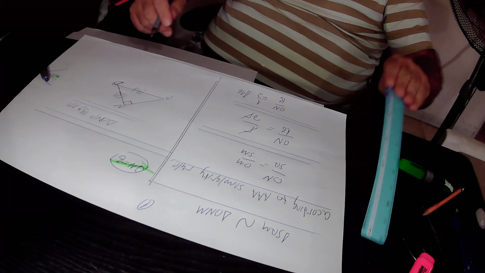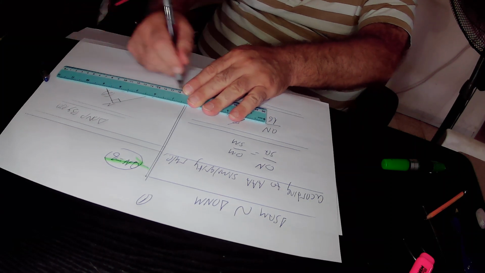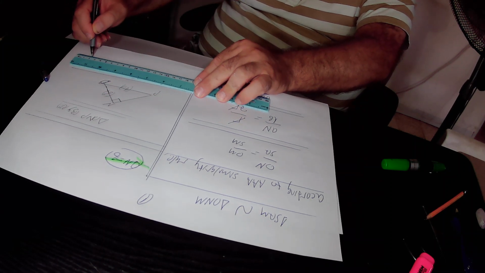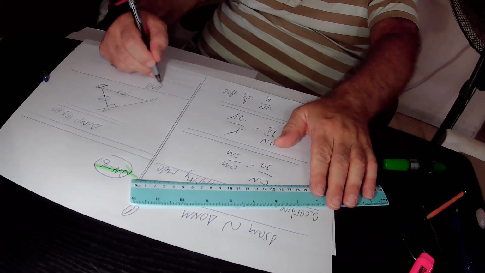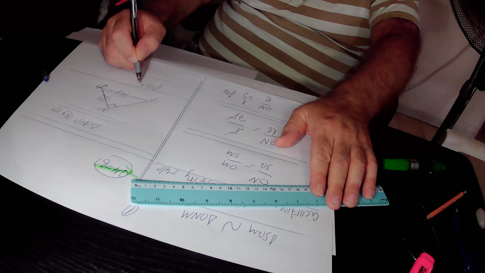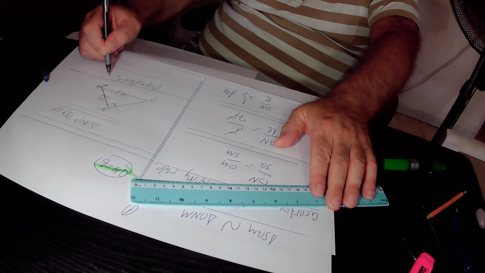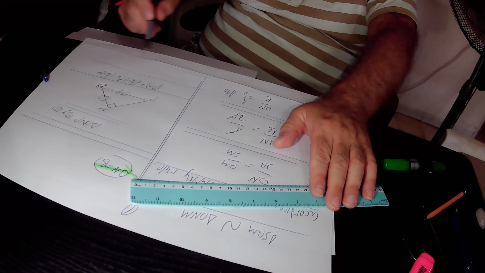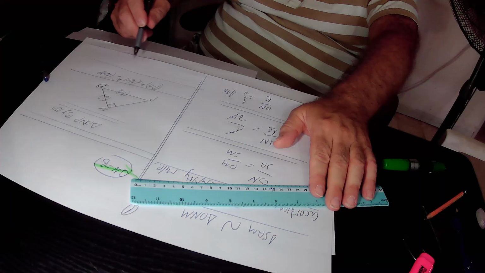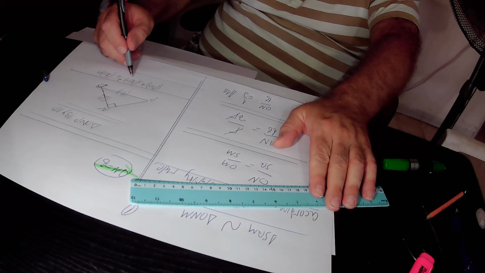PO squared, that is the square of the hypotenuse, is equal to NP squared plus NO squared.